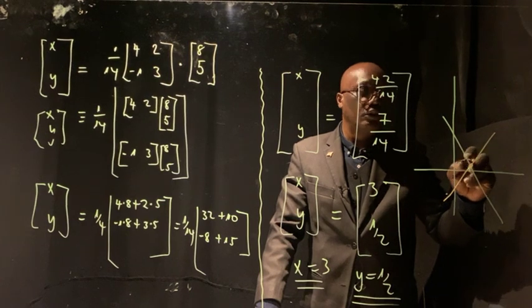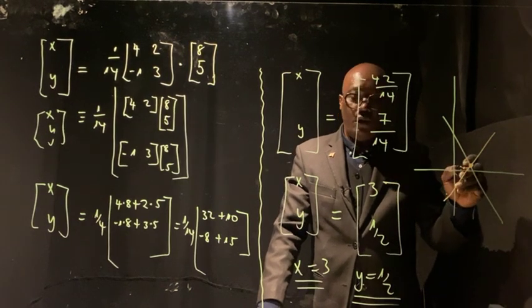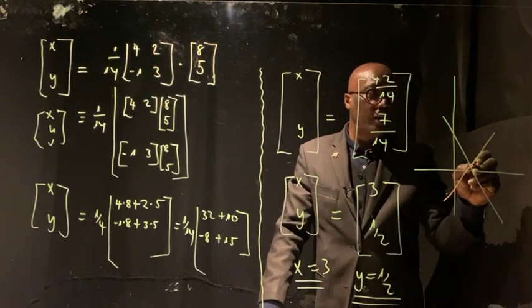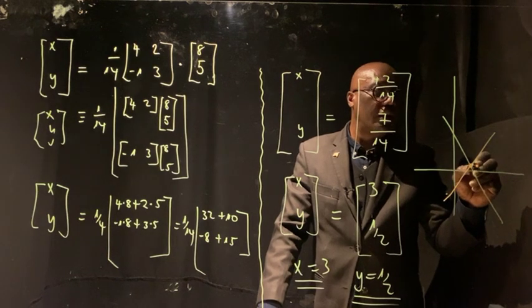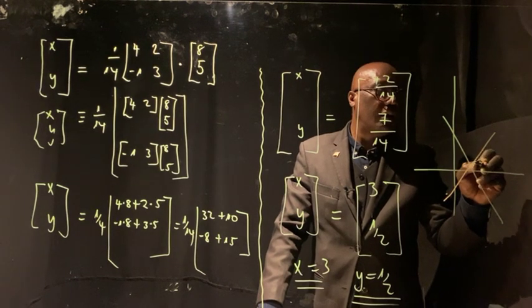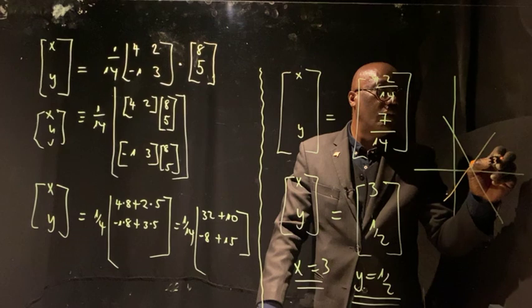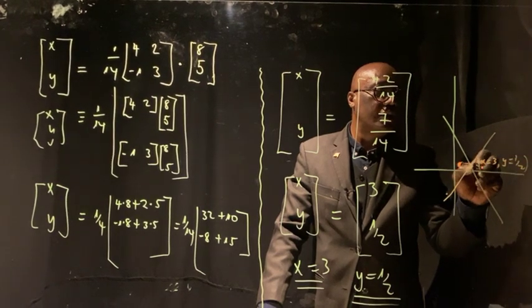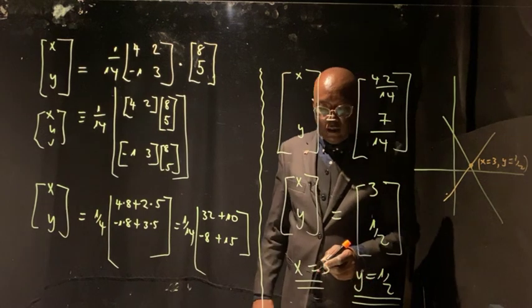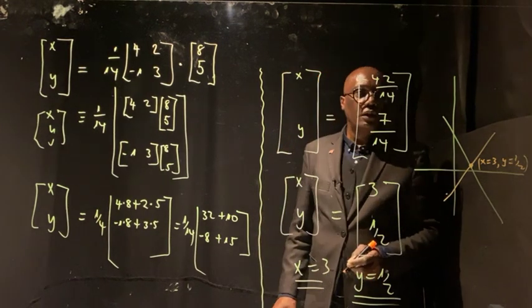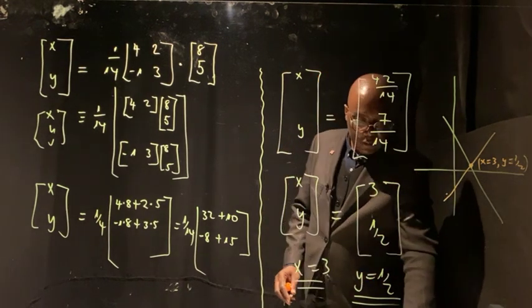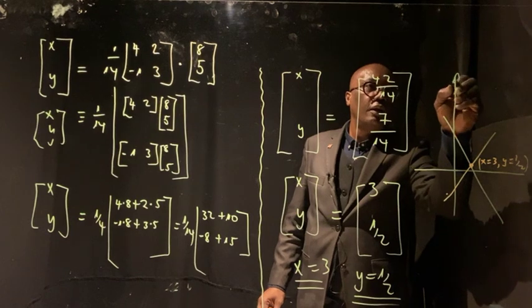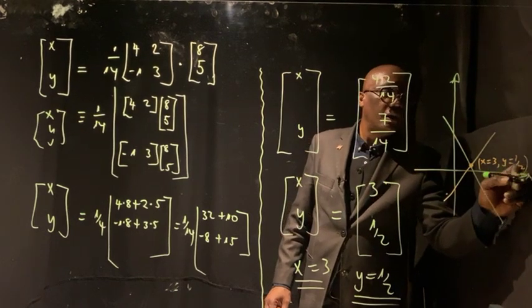And this should be the point of intersection where we have x equals 3 and y equals half. That's the solution. So take your time and copy everything.